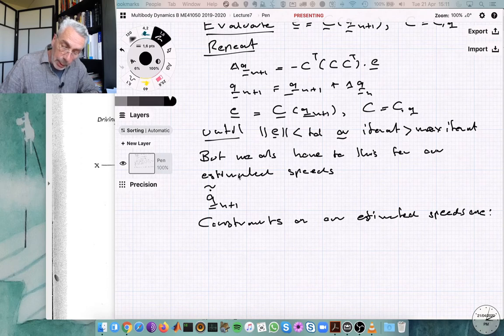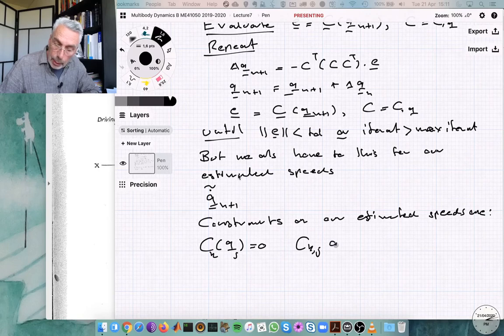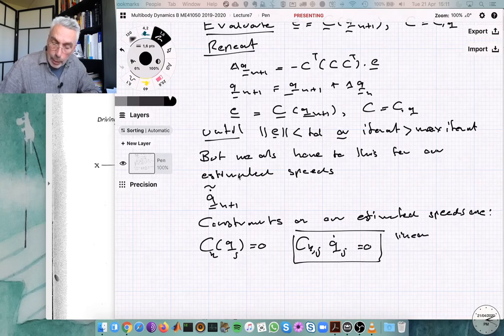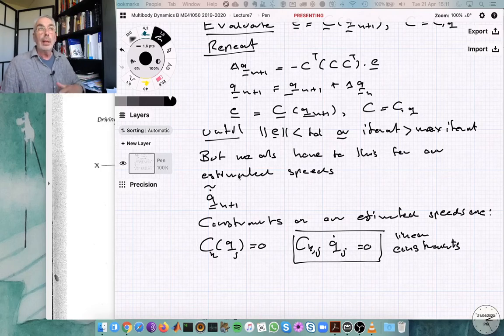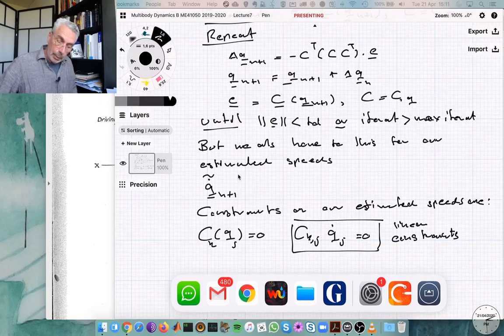Because we have constraints being C(q) is 0, C_k(q_j), and then for our speeds we have C_kj q dot_j is 0. So these are linear constraints. And that is good, because if they're linear constraints, then in one step we can solve that. So, go back.